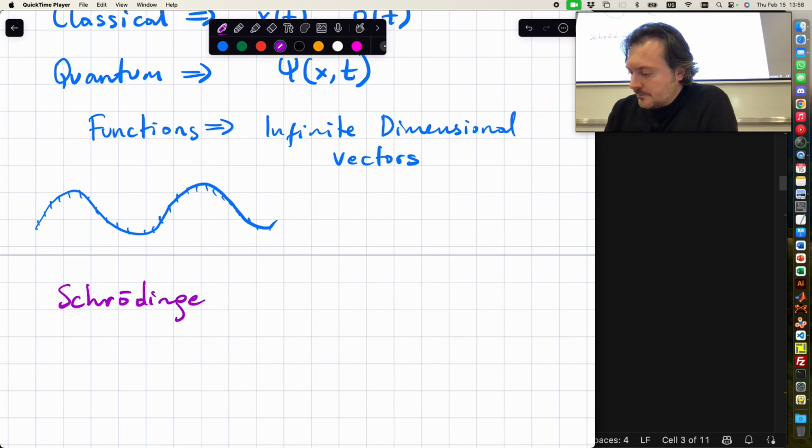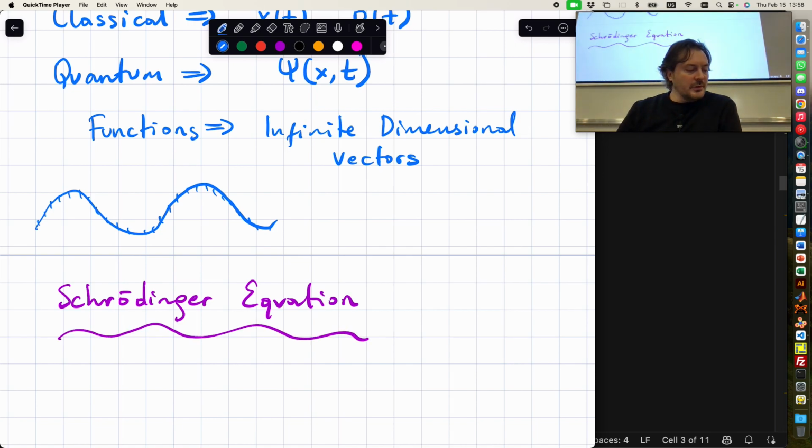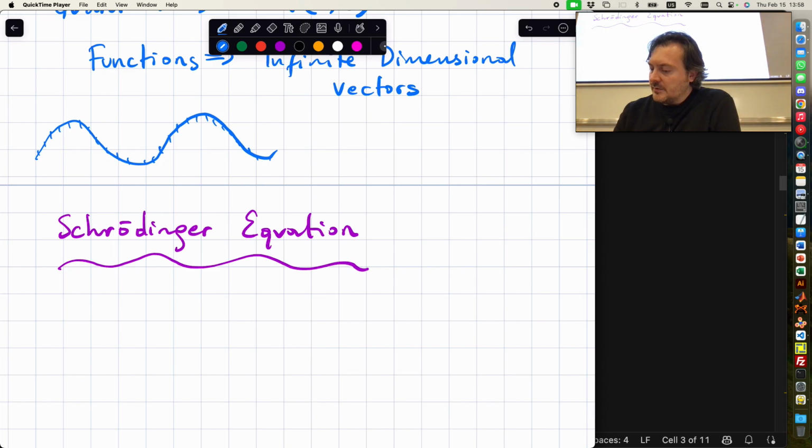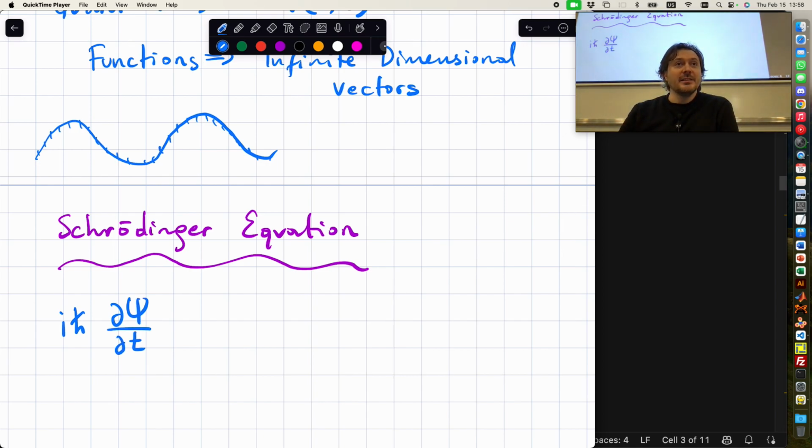Schrödinger equation looks like this. It's the weirdest equation ever. Why? Because it has i in it. Do you know any other equation that has i in it in the classical world?